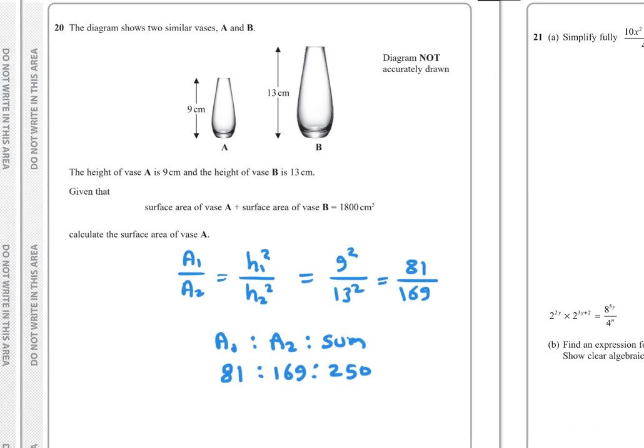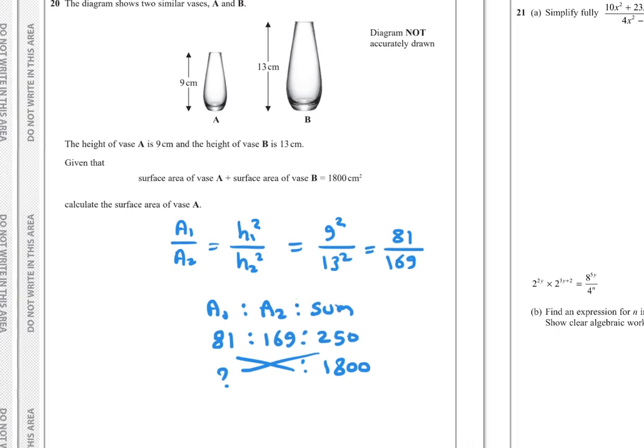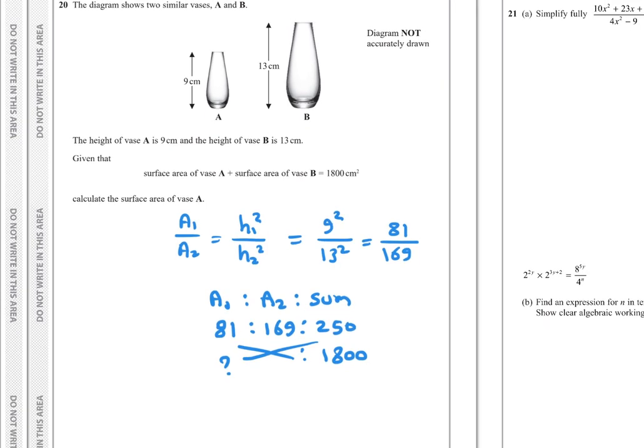Now the sum of the areas is 1800. Then cross multiply to find vase A. So the surface area of vase A, or area 1, equals 81 times 1800 divided by 250, which equals 583.2 square centimeters.